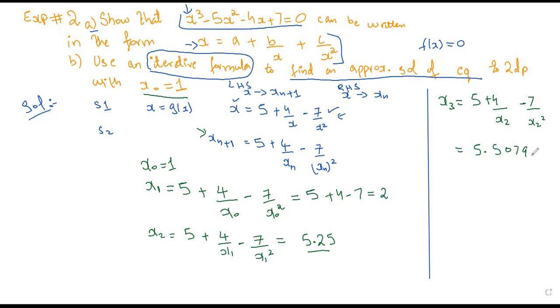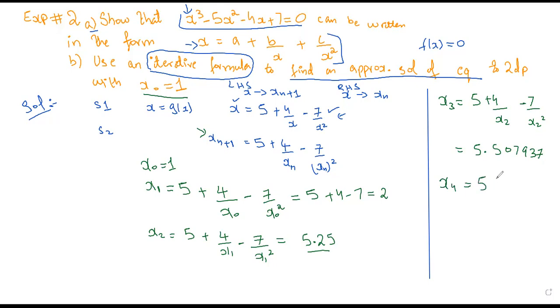Use the exact value, because in the calculator you will be using your answer. For showing the solution, you don't have to write it for every value. After x3, I will directly write down my x4 and you will tell me the x4 you are getting.